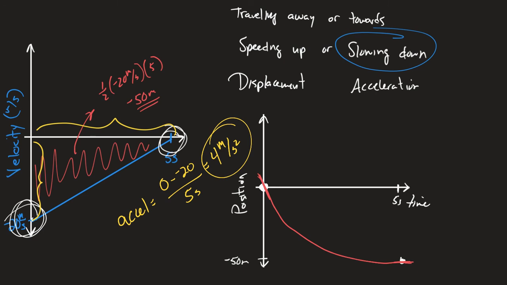I think that one is ambiguous, and intentionally so. It's hard to say away or towards, right? We don't know. But we know that it's traveling in the negative direction. So away or towards might need to change to be whether it's traveling in a positive direction or a negative direction.